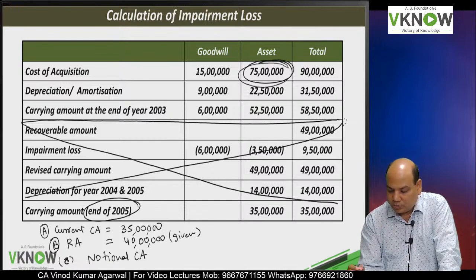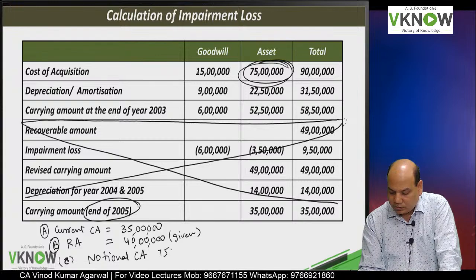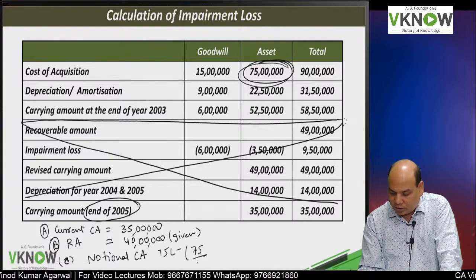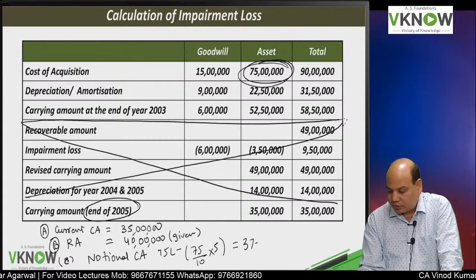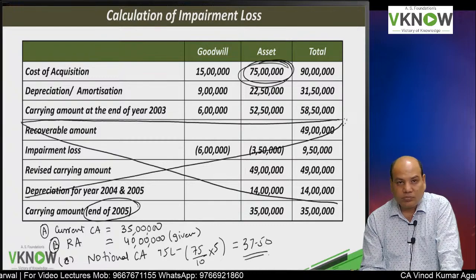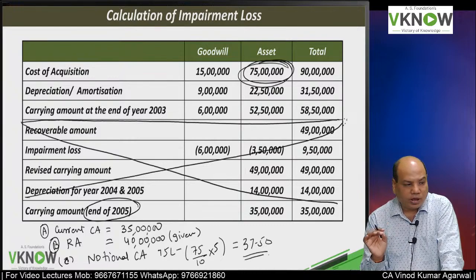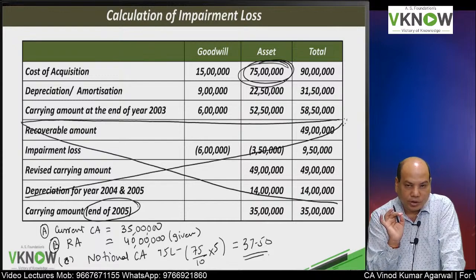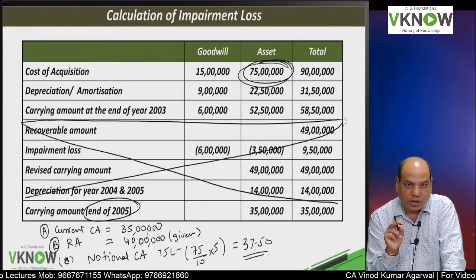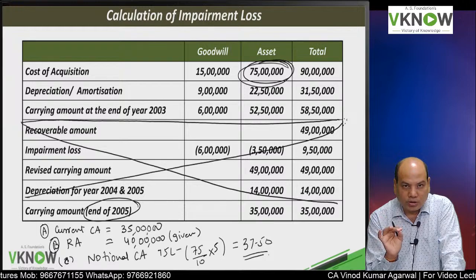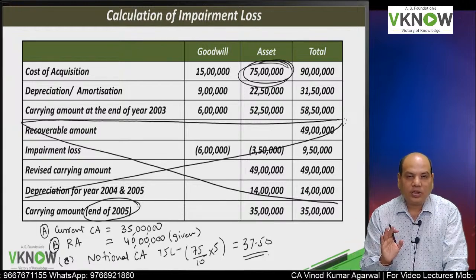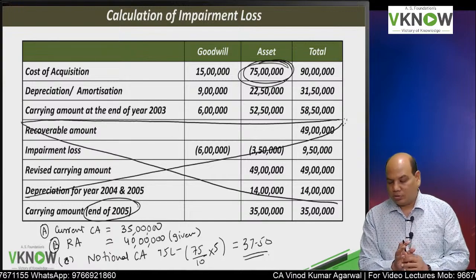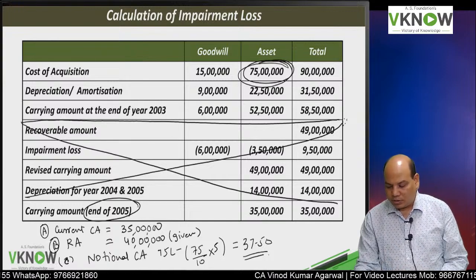The carrying amount of this asset after 5 years will be 75 lakh minus 75 lakh divided by 10 into 5 years are over. So that is 37.50 lakh. Had we not provided impairment, today the net asset carrying amount would have been 37 lakh 50,000. So how much maximum can I reverse?